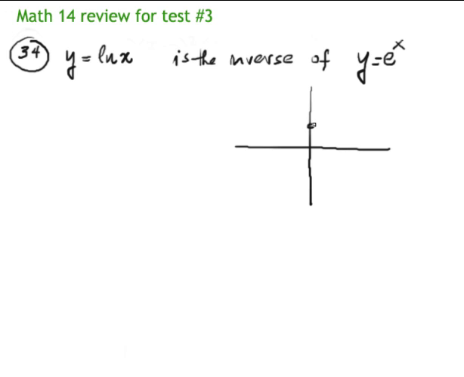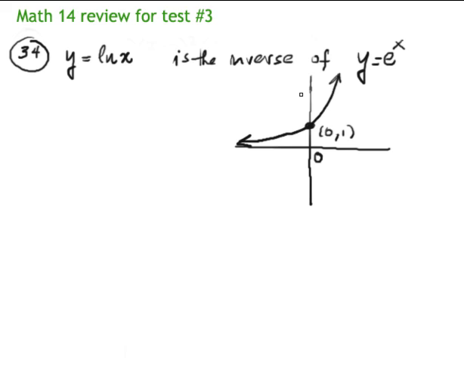It goes through 0, 1. E to the 0 is equal to 1. It goes up pretty steeply on the right, and it has an asymptote on the left, goes down to the x-axis. All right, that's y equal e to the x.